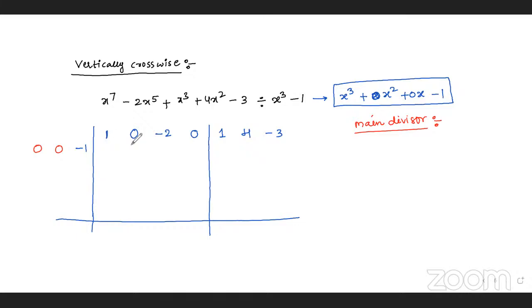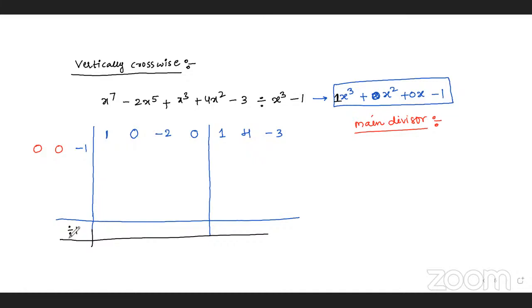The highest degree coefficient is nothing but the main divisor. So here the main divisor is 1, so there is no need to take it. Why? Because the answer comes as it is. But let me write that one also initially so that you can easily understand.